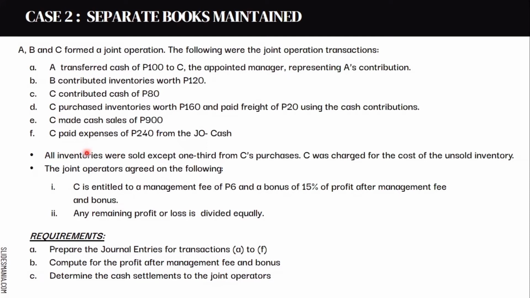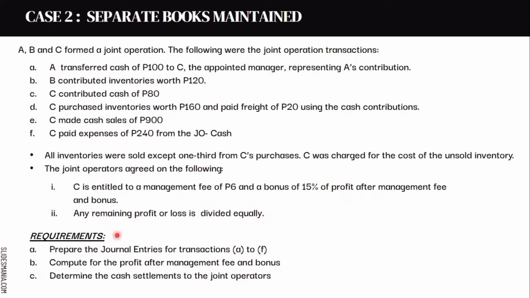Additional information, all inventories were sold except 1/3 from C's purchase. C was charged for the cost of unsold inventory. The joint operators agreed on the following. So first agreement, C is entitled to a management fee of 6 pesos and a bonus of 15% of profit after management fee and bonus. Second, any remaining profit or loss is divided daw equally.